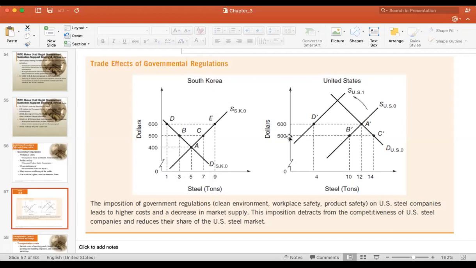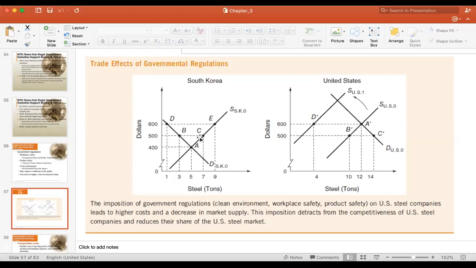Now, at 500, how much will US firms produce? 10 million. So there is an excess demand of what? 4 million tons. So 4 million excess demand here is exactly equal to the 4 million excess supply there. So this would be the export.